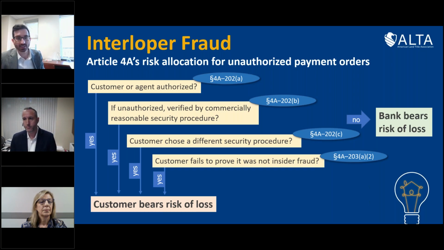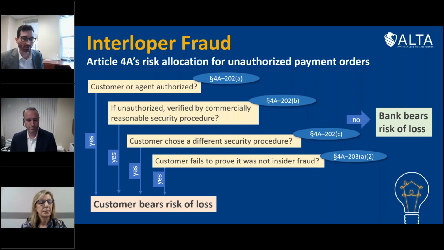The first rule is that if a customer sending a wire or its agent, like an employee, actually authorizes the wire, it bears the risk of loss under Article 4A. For example, if a customer mistakenly wires funds to a fraudster because they were sent wrong wiring instructions, the bank does not bear that risk of loss under 4A.